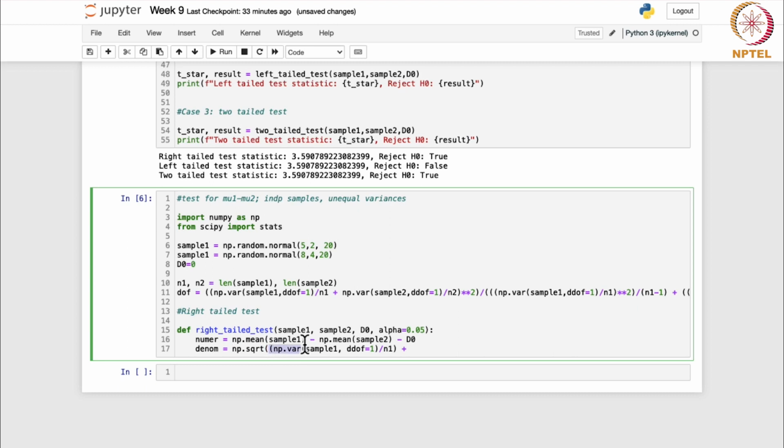Since this entire thing is in square root, I will add the bracket over here. So this one would be sample 2 and here it will be divided by n2.